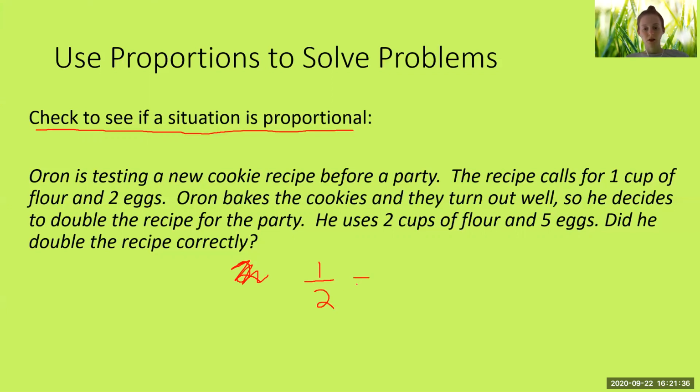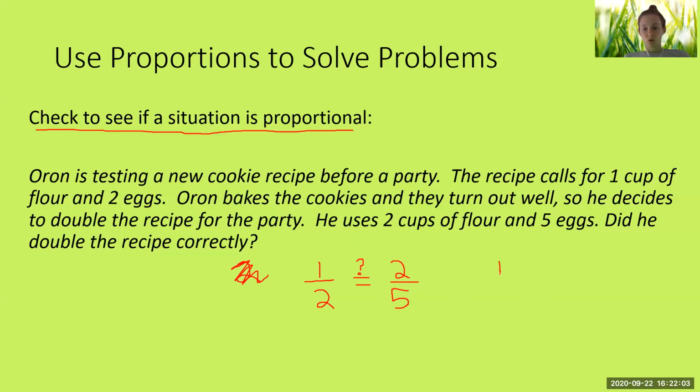And then the second time around, Aaron did 2 cups of flour and 5 eggs. So let's check these cross products, because what we're looking for here is to see if these two ratios really are equivalent to each other. Do they really mean the same thing? That's why I have a little question mark over the equal sign, because we're checking to see if they really are equal.